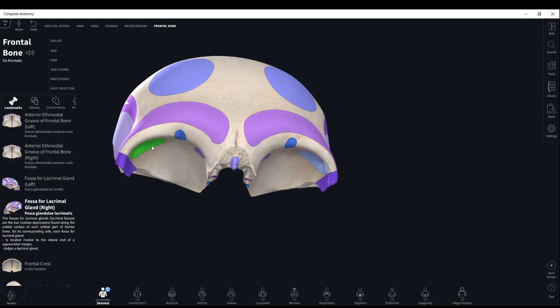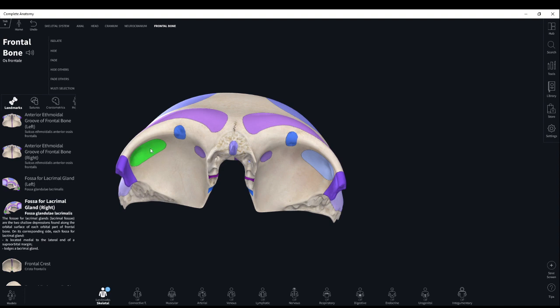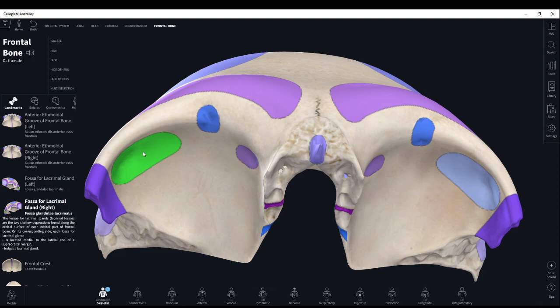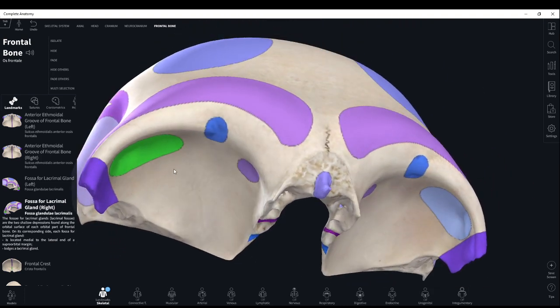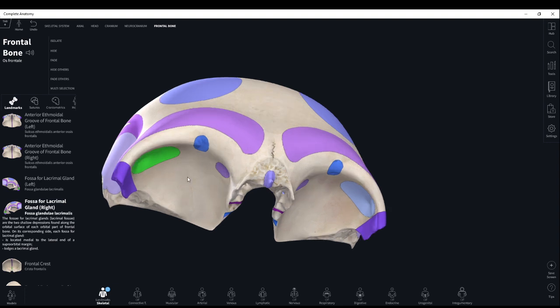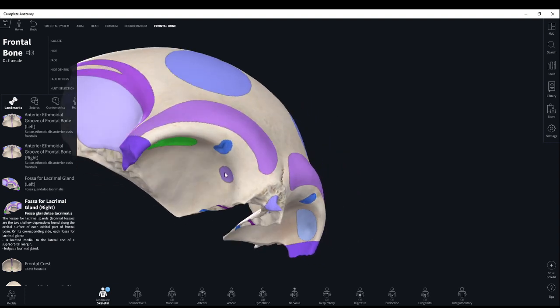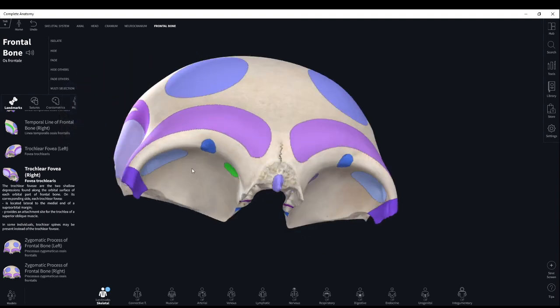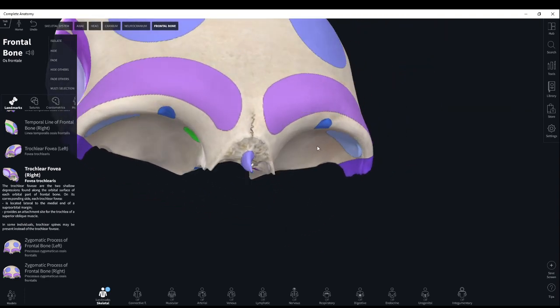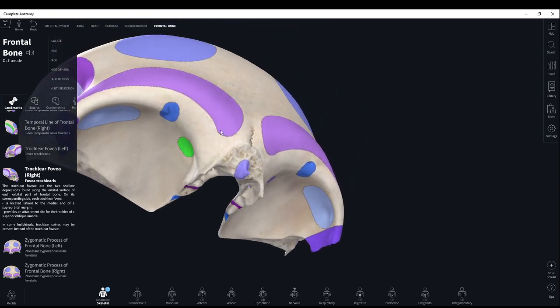Laterally, you can see the fossa of the lacrimal gland, fossa glandulae lacrimalis. It is located lateral to the supraorbital margin and lodges the lacrimal gland. On the medial aspect of the orbit, you can see the trochlear fossa, two shallow depressions on both sides of the nasal cavity along the orbital surface of each part of the frontal bone.